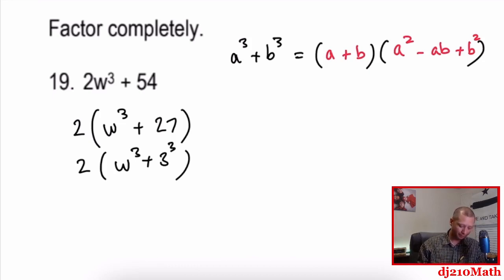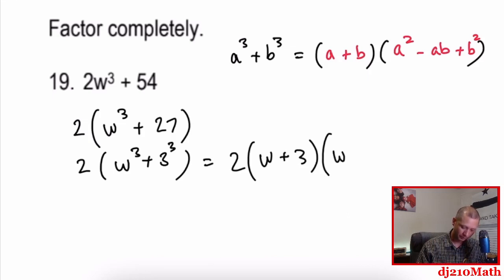So following this pattern, if A is w and B is 3, then this is going to be 2 times w plus 3, w squared minus 3w plus 3 squared, which is 9.